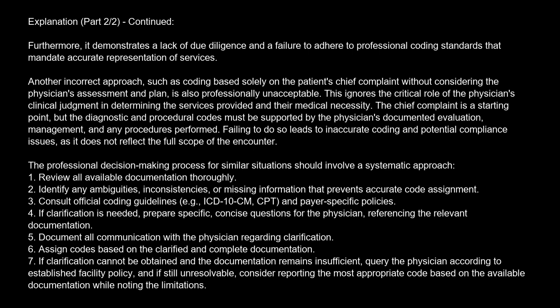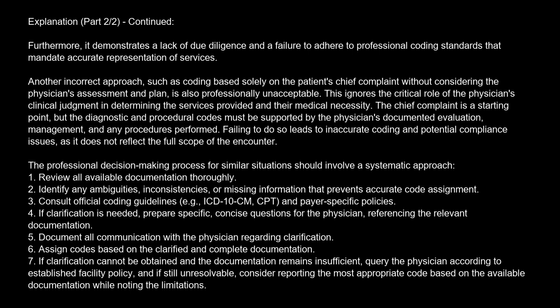1. Review all available documentation thoroughly. 2. Identify any ambiguities, inconsistencies, or missing information that prevents accurate code assignment. 3. Consult official coding guidelines, e.g., ICD-10-CM, CPT, and payer-specific policies. 4. If clarification is needed, prepare specific, concise questions for the physician, referencing the relevant documentation. 5.